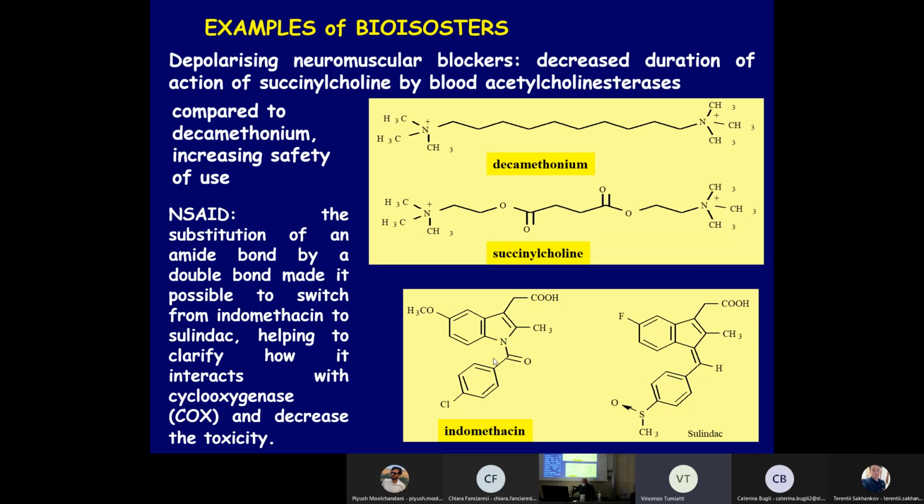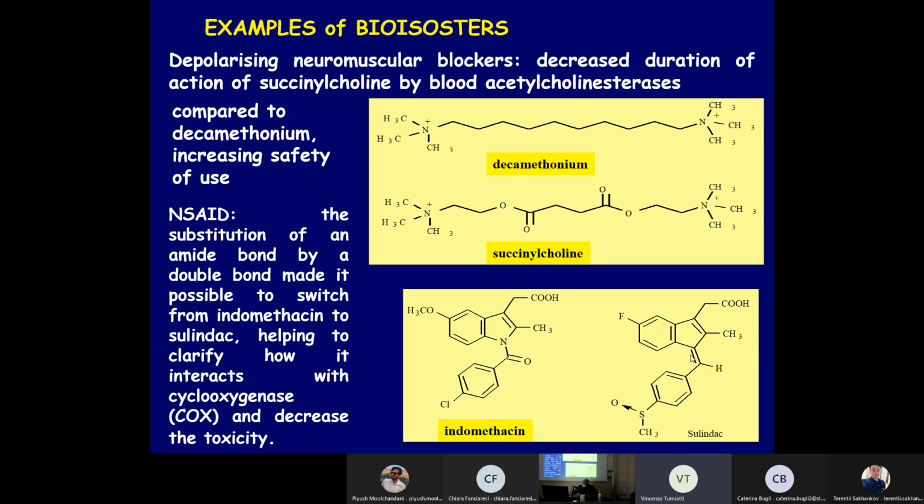First of all, you see this amide group. With this amide group, you have a free rotation of these residues, and the scientists tried to block the active conformation of the indomethacin with a double bond.